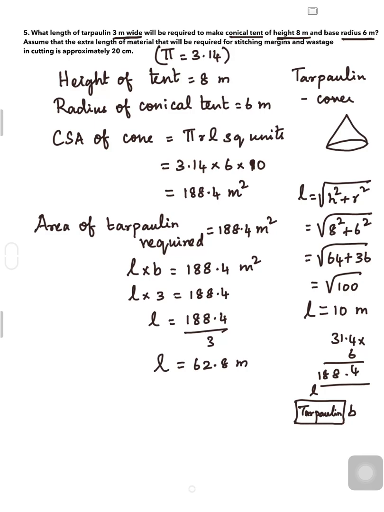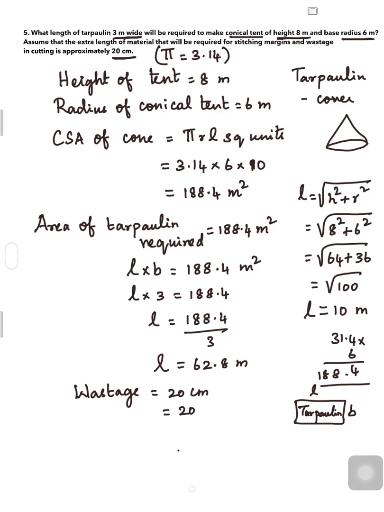And one more thing they have given, assume that the extra length of material that will be required for stitching margins and wastage in cutting is approximately 20 centimeter. So wastage of tarpaulin is done when they do the stitching part. So wastage is given as 20 centimeter.